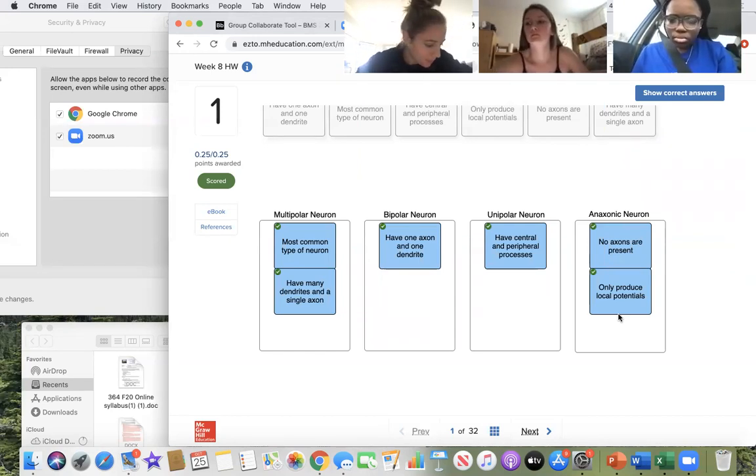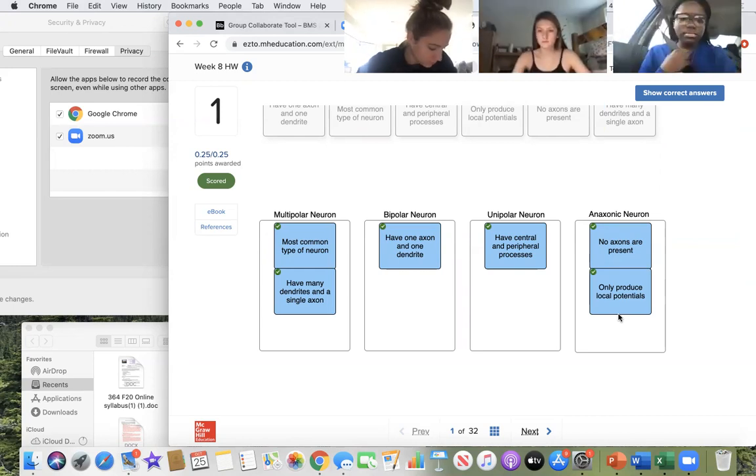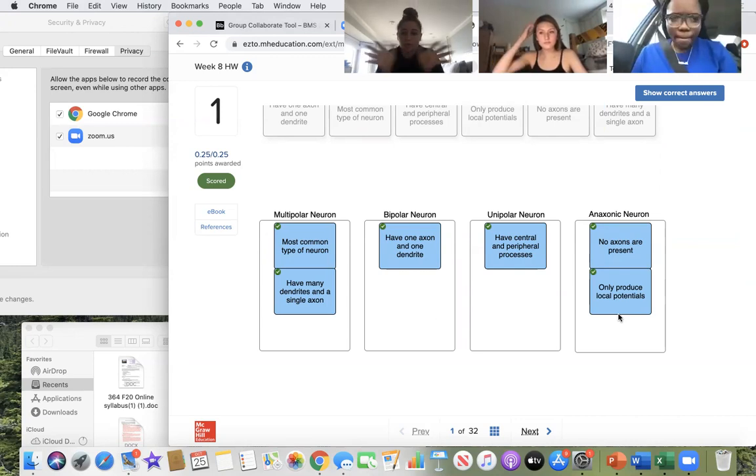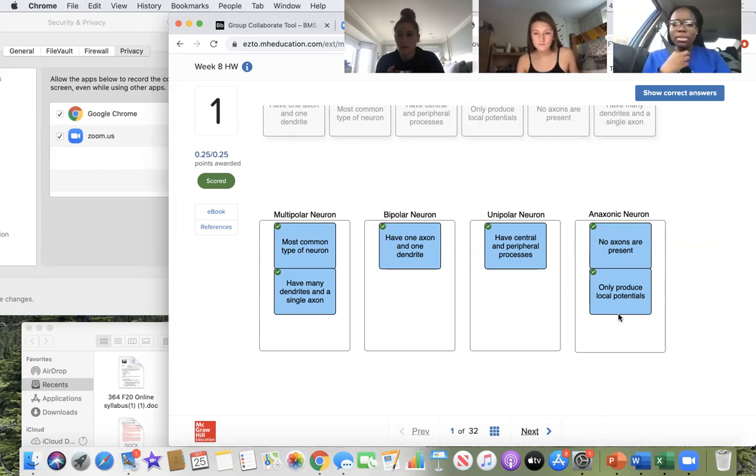I think it's just because you can't branch out anywhere because it only has the dendrites. It doesn't have that axon that's going to send out information.